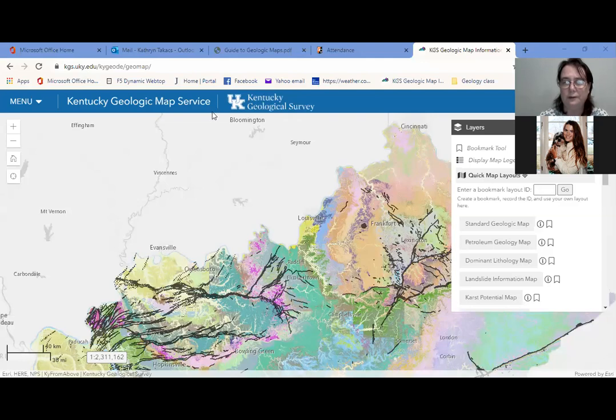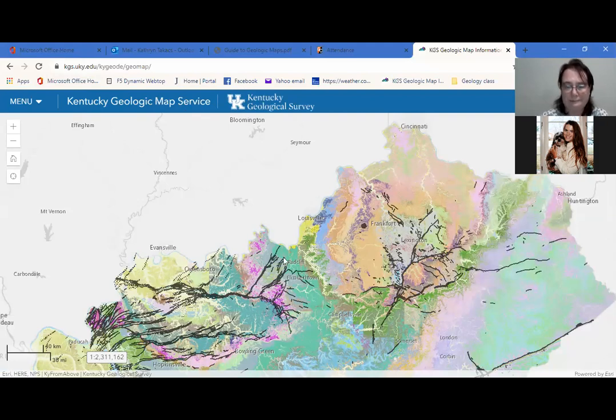Move this over here. All right, so if you go to kgs.uky.edu and find the Geologic Map Service, actually it comes up like that. You're like, what the heck is that? This is a geologic map of the state. If you zoom in, all these black lines are fault lines, by the way.